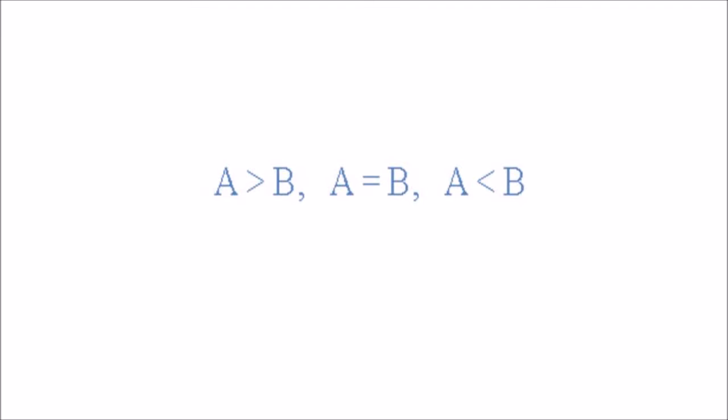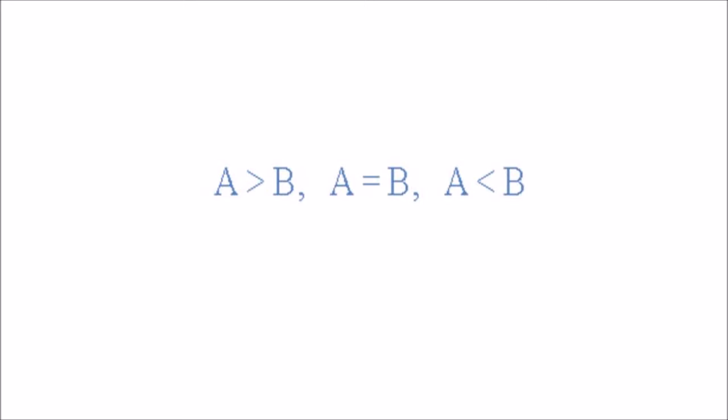For example, a magnitude comparator of two 1-bit inputs would produce the following three output conditions when compared to each other, that is A greater than B, A is equal to B, and A less than B. This is useful if we want to compare two variables and want to produce an output when any of the above three conditions are achieved. For example, produce an output value from a counter when a certain count number is reached.